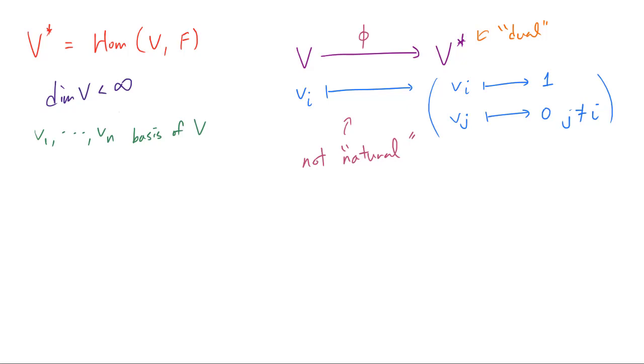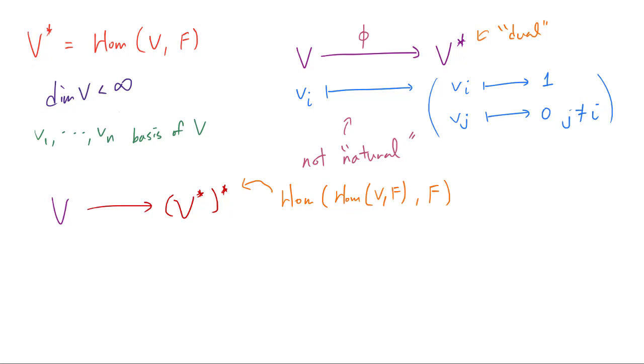Since we're on the topic of dual and natural isomorphism, of course I have to show you the notion of a natural isomorphism of V with V double dual. So now consider the double dual of V. I know this is getting abstract, but try to follow. This is going to be the homomorphisms from V dual, which is Hom(V, F), to the field.